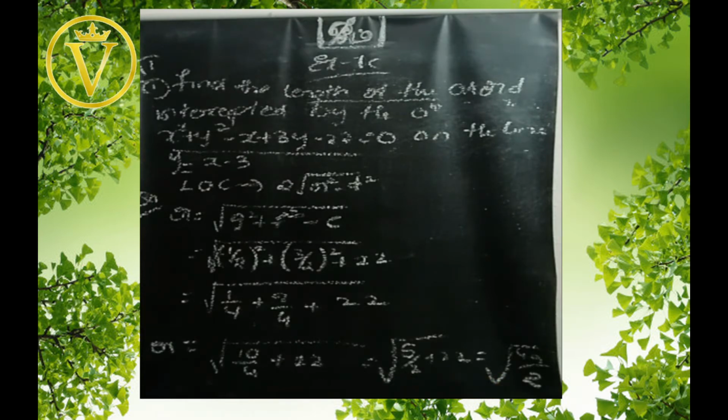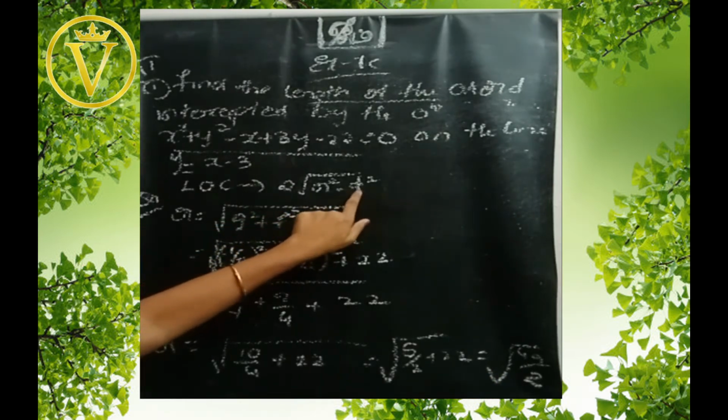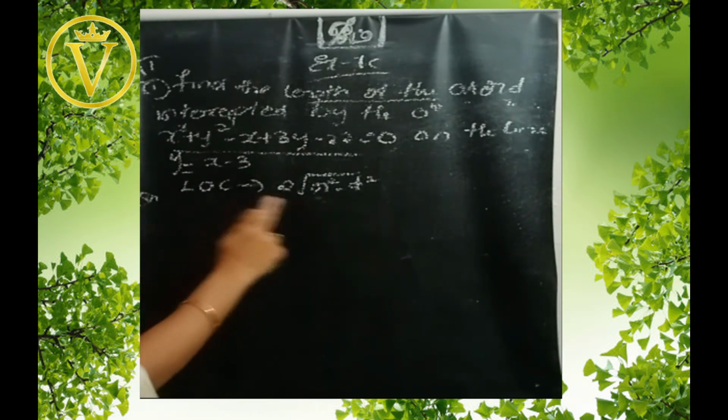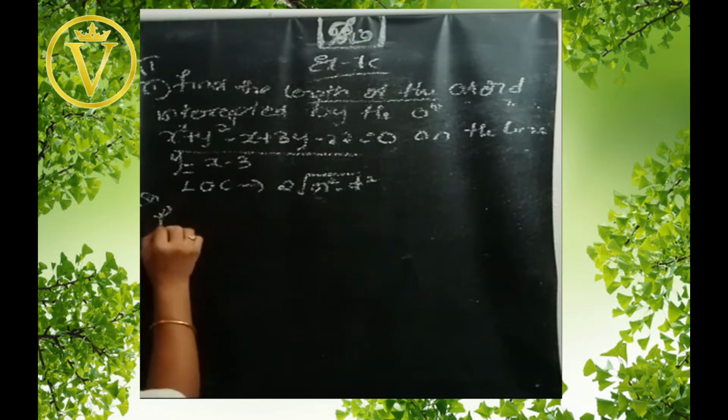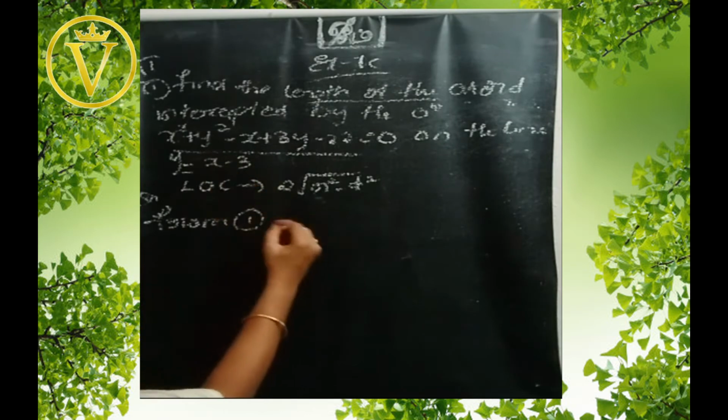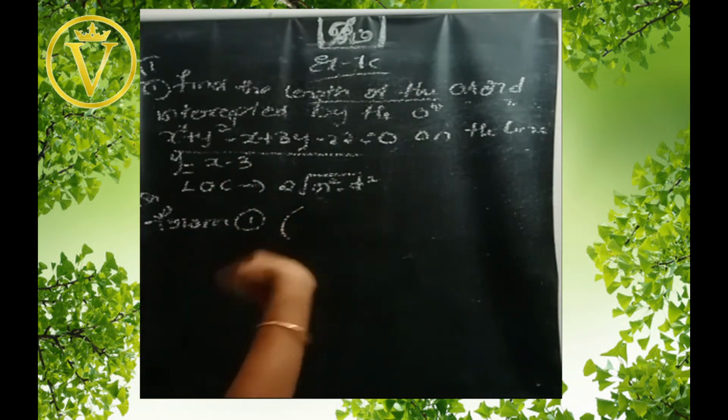Now we have to find out the d value. That means r, we can square this r for this. Now we have to find out the d. To find out d, what's the equation? From 1, that means the first equation, the circle equation, we got the center value.